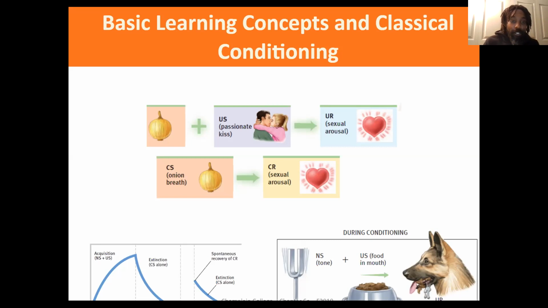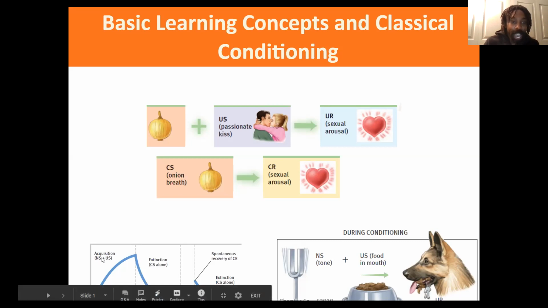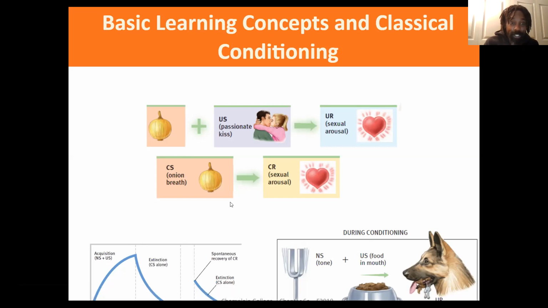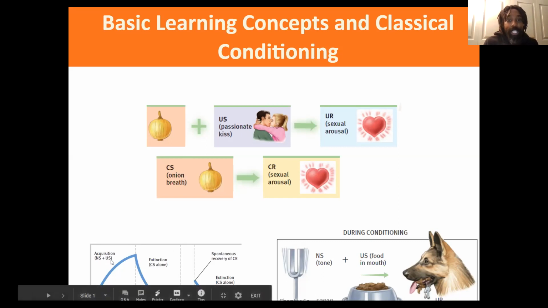We're going to get into it again. You'll notice at the bottom there are terms such as acquisition. So the neutral stimulus, like here, the onion breath, is paired with the unconditioned stimulus, the passionate kiss. So the acquisition is when now just the onion breath is able to create that response of sexual arousal.